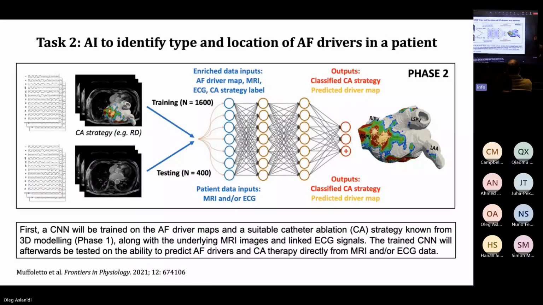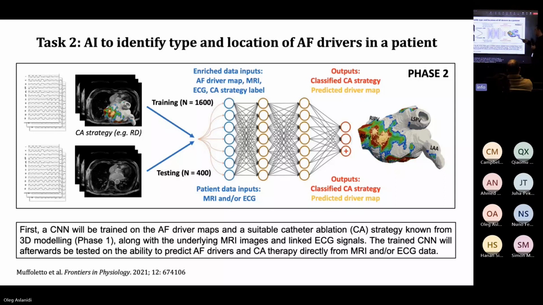Next step is the training. I already explained how it works. So in training, you use the data set which contains all types of information: the image itself, the prediction of the model, the prediction of where you need to ablate, the actual suggestion of what specific ablation strategy to use, and the ECG.